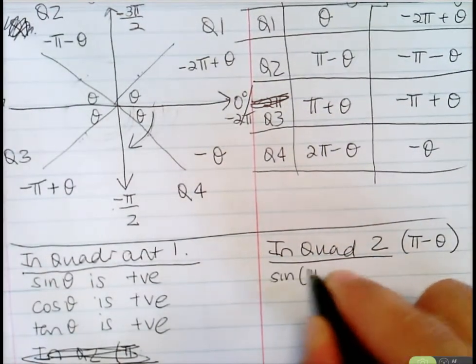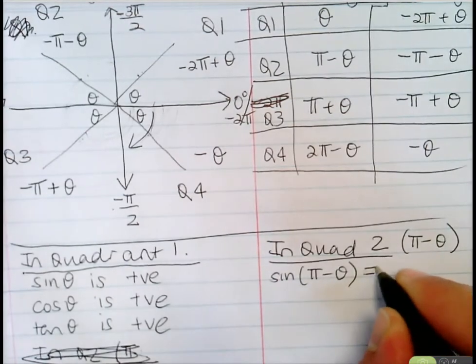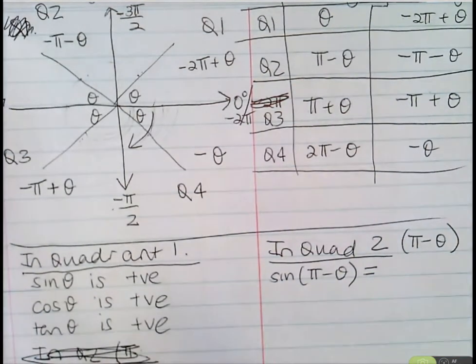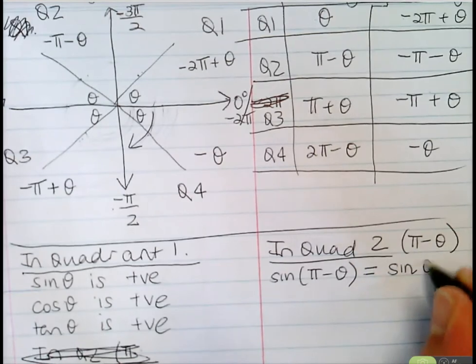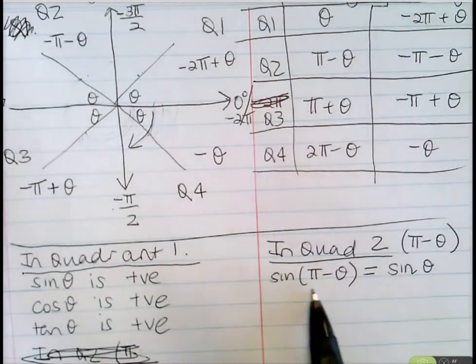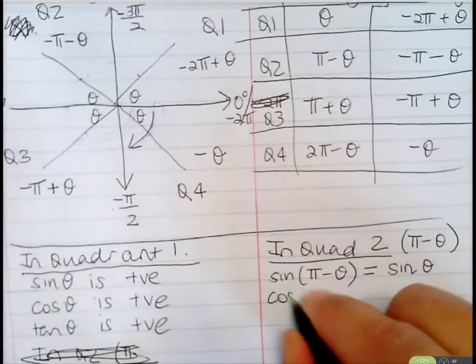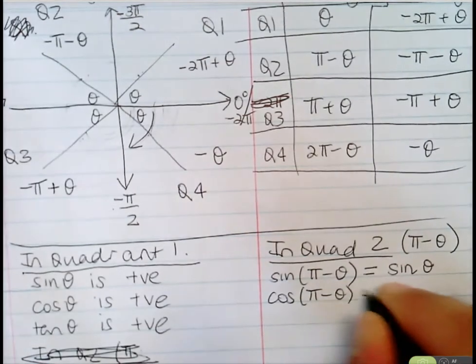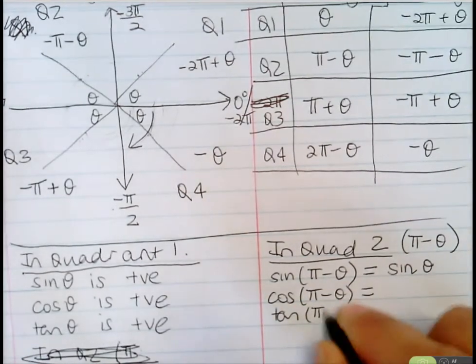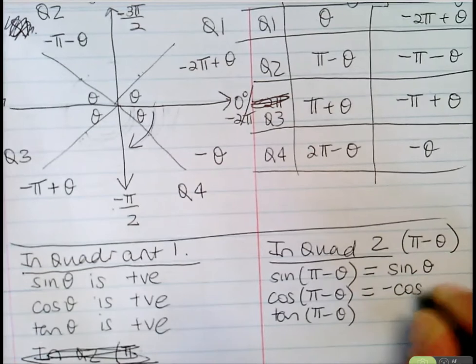Sine of pi minus theta equals, we know sine's positive, so it's just the same as sine theta. So we're learning cos of pi minus theta and tan, what do I write? Negative cos of the acute angle.